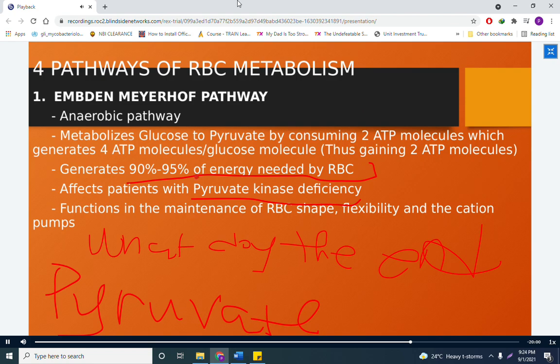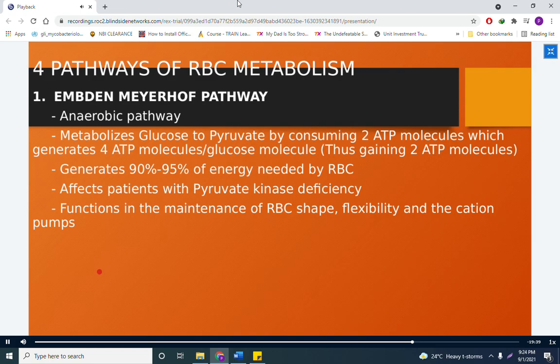Your Embden-Meyerhof pathway functions in the maintenance of RBC shape, flexibility, and cation pumps. So if the patient has pyruvate kinase deficiency, you will have problems with RBC shape, flexibility, and cation. If you're asked what disorder can affect your Embden-Meyerhof pathway, the answer would be pyruvate kinase deficiency.